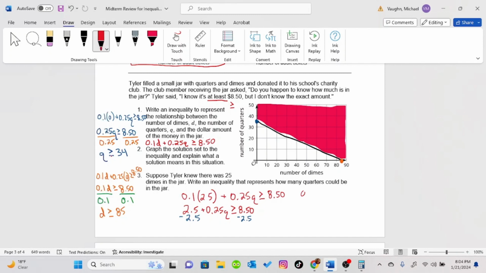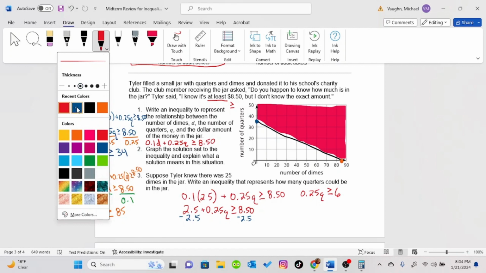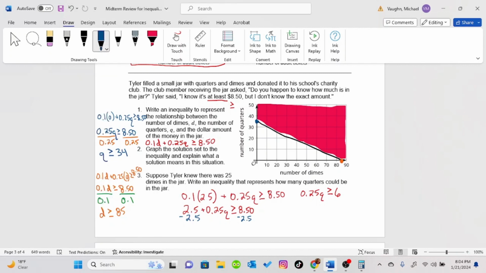That tells us 0.25 times the number of quarters must be greater than or equal to 6. Now to get Q by itself, we divide both sides by 0.25.